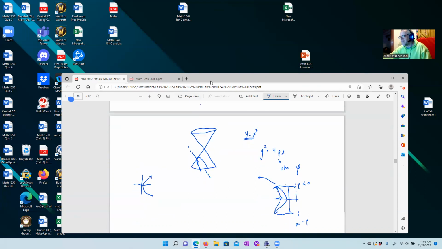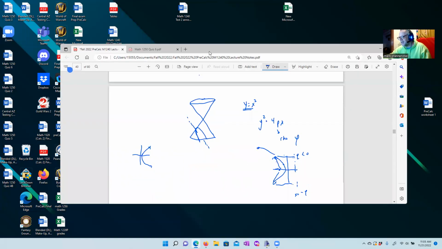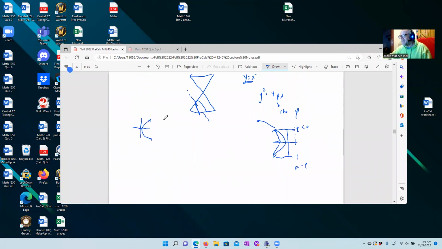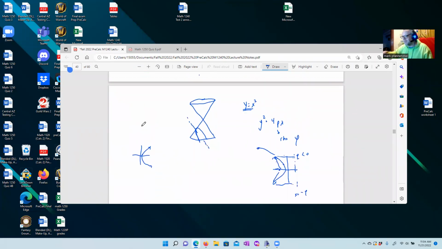Like I said, all the stuff from before still stands. The way you find the vertex in this section, and by the way, I don't have an issue giving you what the standard form of a parabola is, just like they do with problems. So you don't have to remember this, but it's usually y minus k equals 4rho times x minus h squared. h, k would be the vertex.